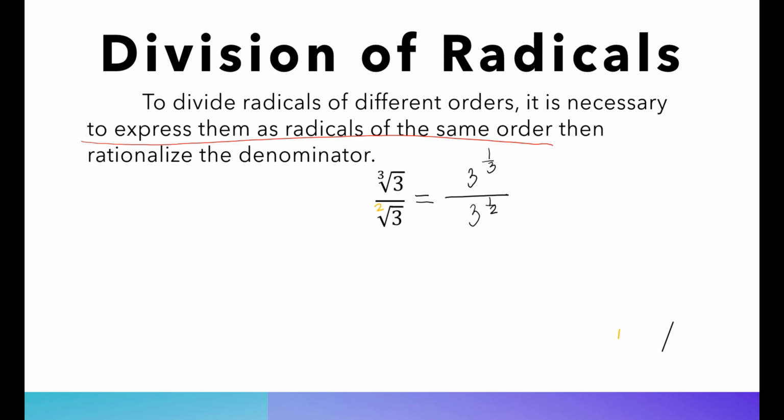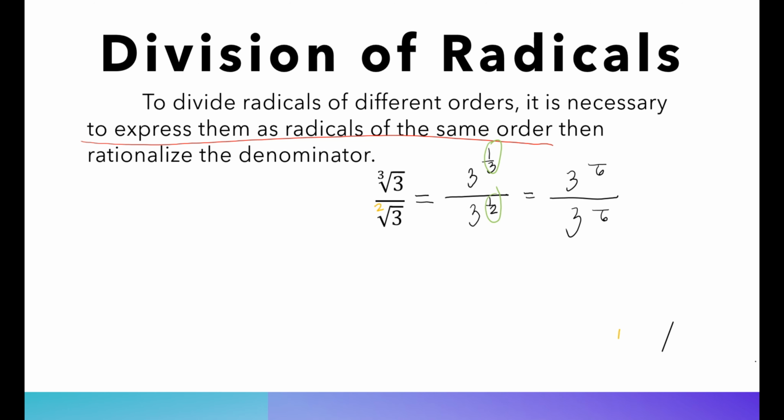And then we have to express these two exponents as similar fractions. So we have to take the LCD. And the LCD of 1/3 and 1/2 is equal to 6. So that would be both over 6.